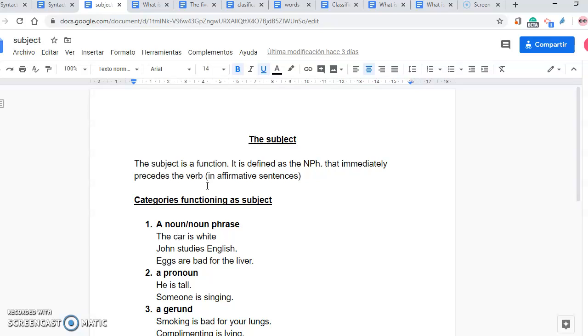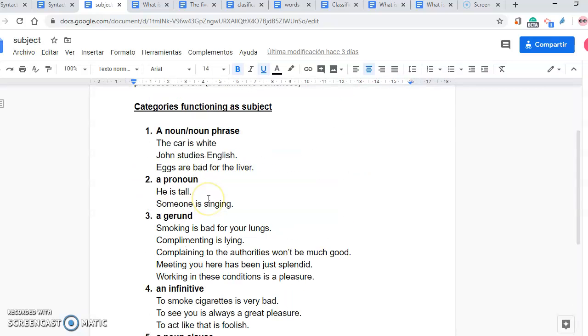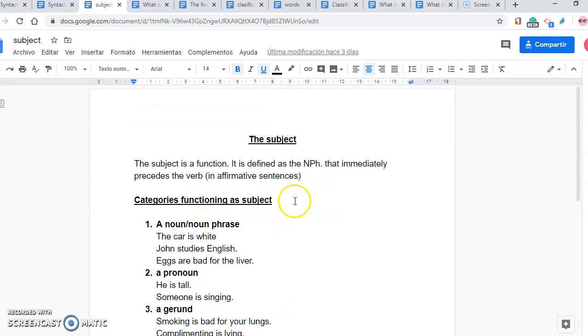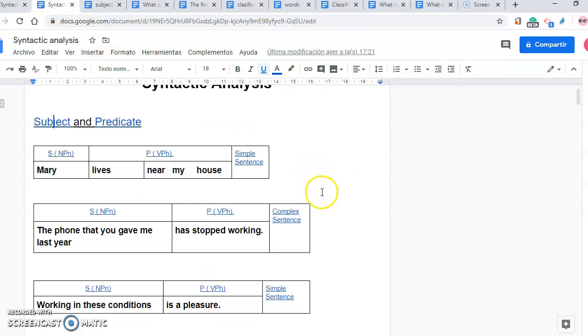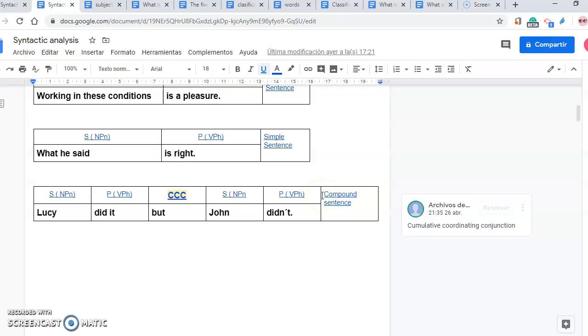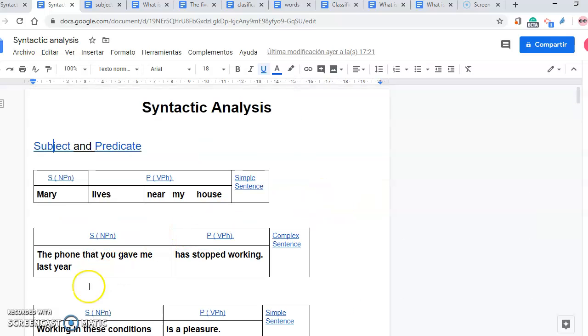That is to say, it is a structural definition, because it may also be defined as the doer of the action or as the experiencer of the verb. Yes, the doer of the action, he made a cake, is the doer of the action, and he felt bad is the experiencer of the verb. What categories may function as the subject we are going to see later, because first we need to see what a category is and what a function is.